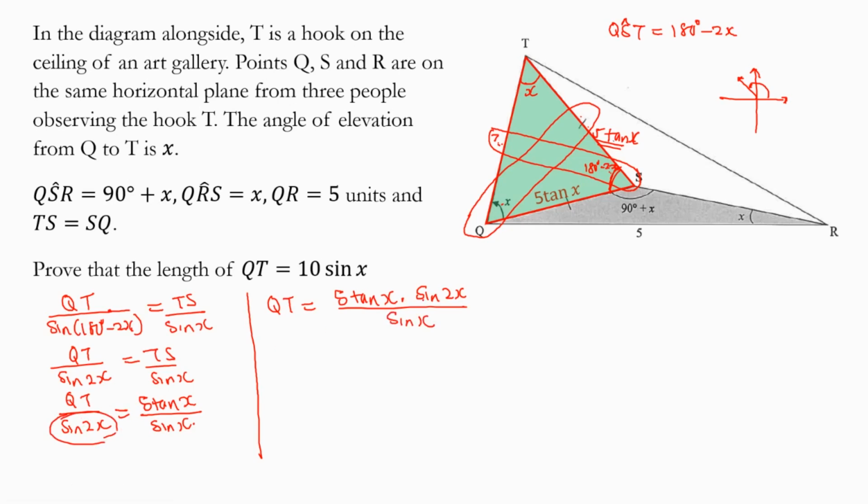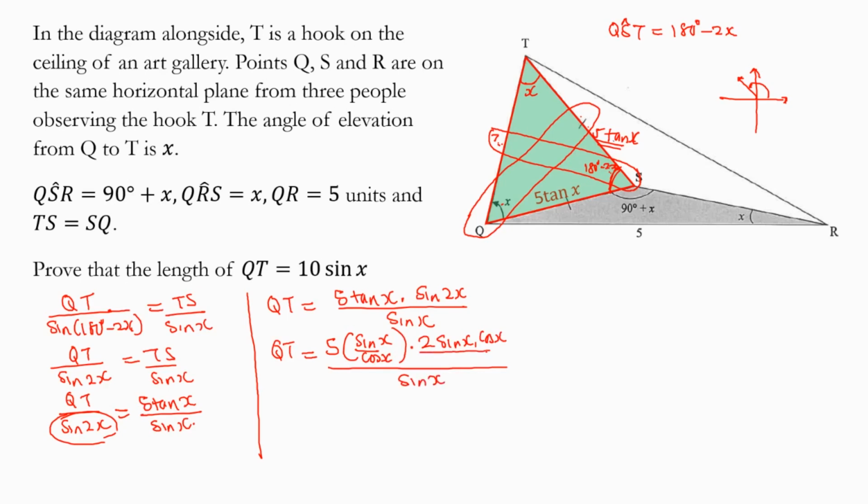And then we can change tan x and sine 2x, remembering the double angle. QT is equal to 5 times sine x over cos x, then sine 2x is 2 sine x cos x, and all this divided by sine x.